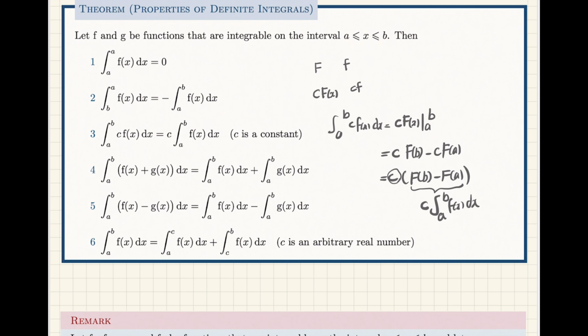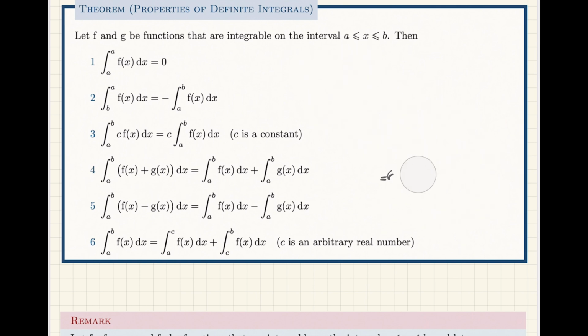But even if the function is not continuous, it might still be integrable, and then these formulas are again valid. Okay, so this is the real stuff, but you don't need to worry about that. These are the properties of definite integrals, and any function that you will be concerned with in this course follows these rules.